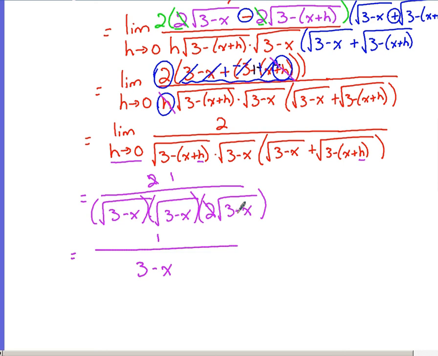If you think about what the square root of 3 minus x means, some of us are allergic to this problem, it sounds like. We're taking 3 minus x, raising that to a power 1/2, right? That's what that means. So my bases here of 3 minus x are all the same across. If I add my exponents as my rule, 1/2 plus 1/2 plus 1/2, I get a power of 3/2. And there's my answer. It's as simple as that.